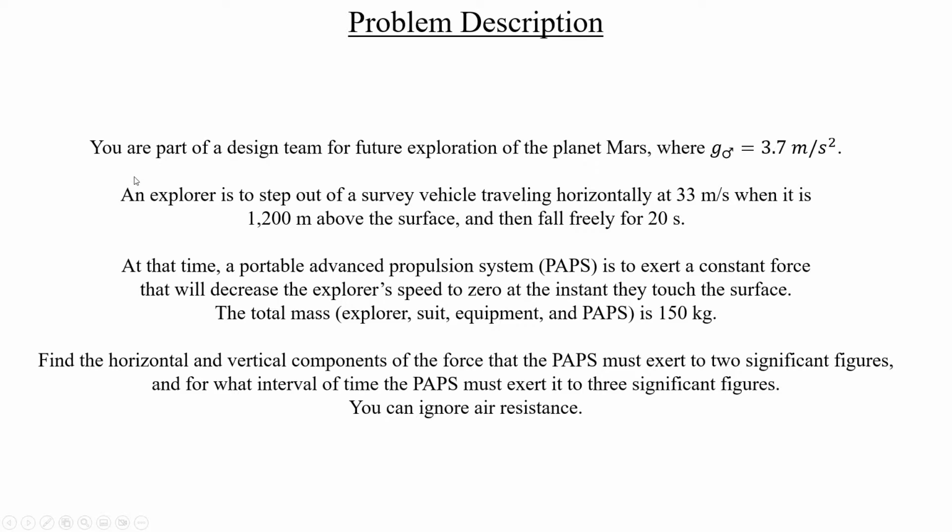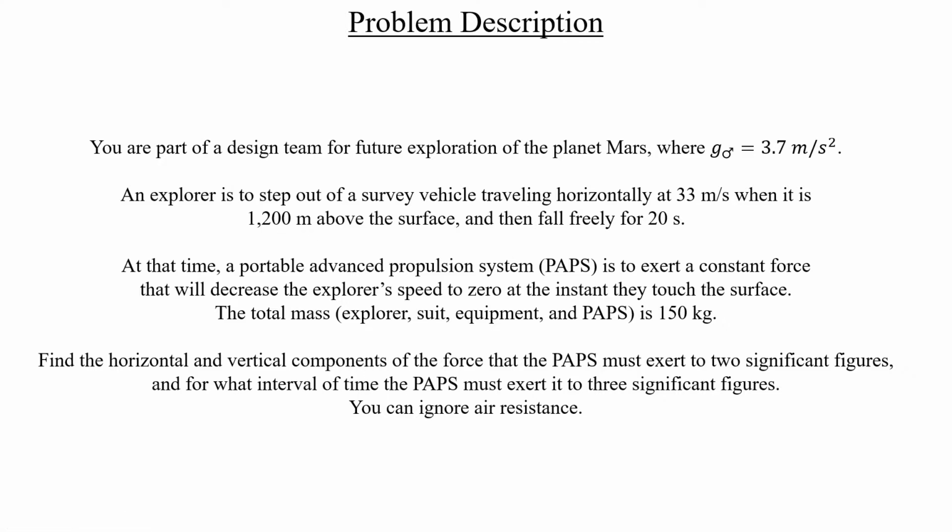And we have this daredevil explorer, mind you, who wants to step out of a moving survey vehicle. We're told that the vehicle is traveling horizontally at this constant value, which is 1,200 meters above the surface.